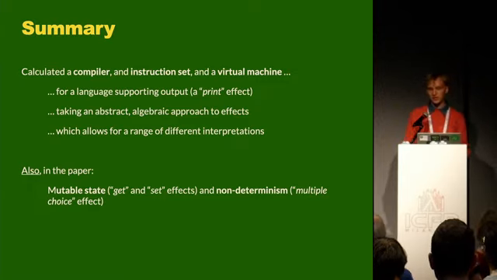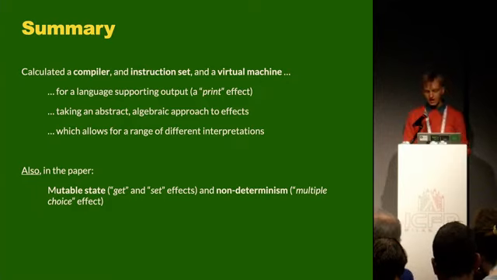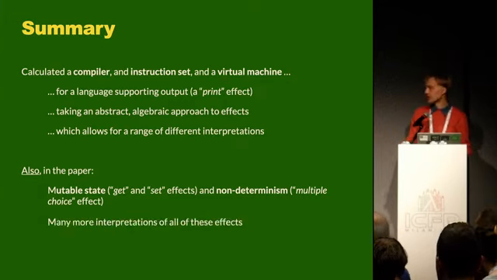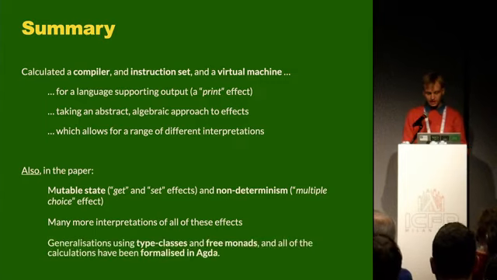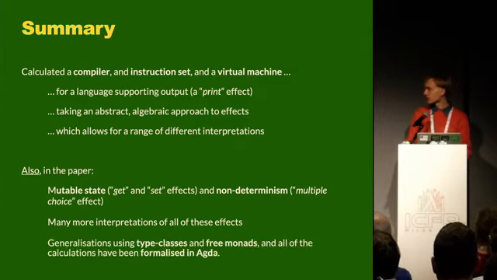And then also non-determinism. So a bit weird to think of non-determinism as a side effect, perhaps, if you've not seen that before. But we've calculated compilers and virtual machines for both of these things as well. And also there are lots more interpretations of all of these effects in the papers that you might want to take a look at. We've also generalized all of these things, so using type classes.